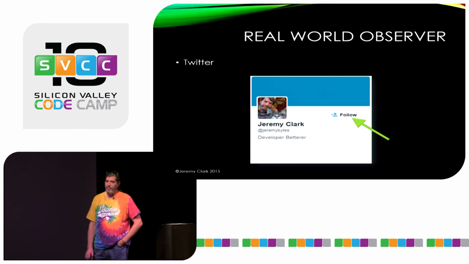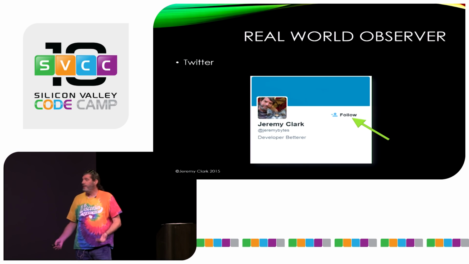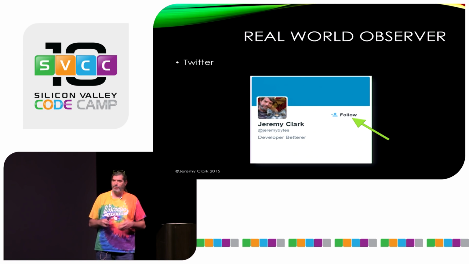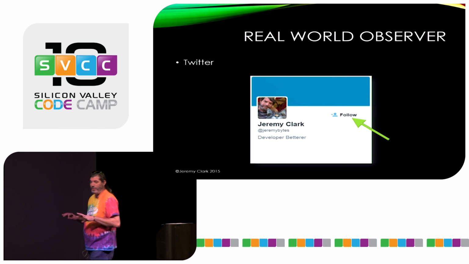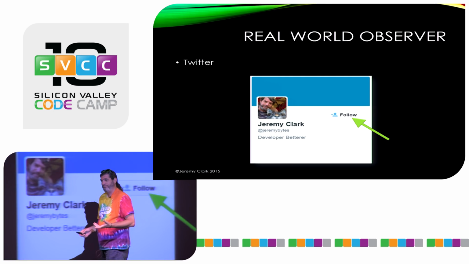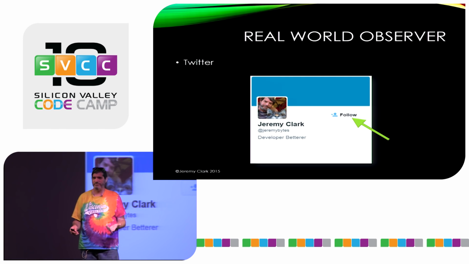So in that situation, we now have the subject and the observer. If you follow me, I become the subject. And every time I change state, which means I send out a new tweet, everybody who is observing me gets notified of that. That's pretty straightforward, isn't it?